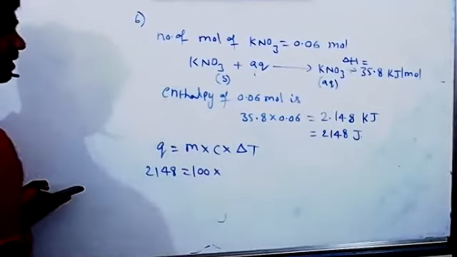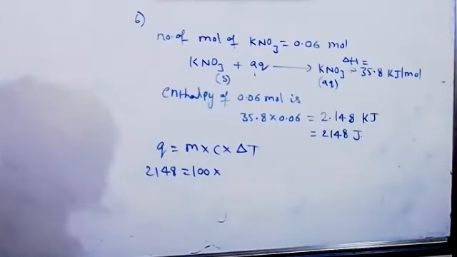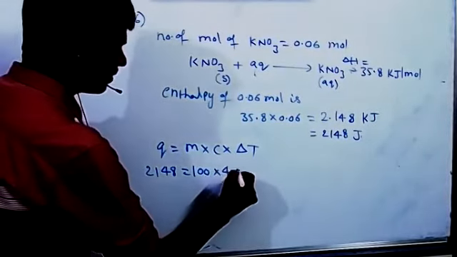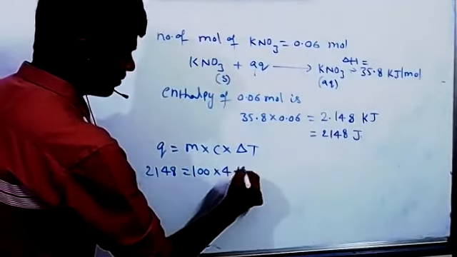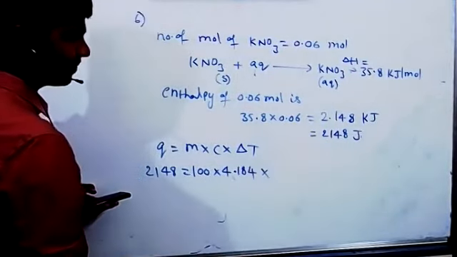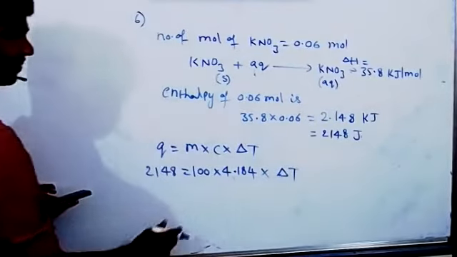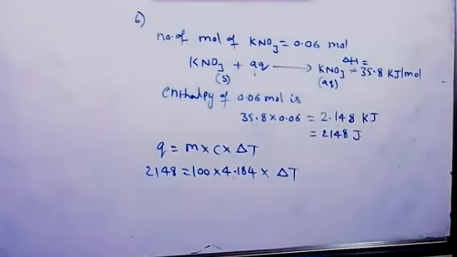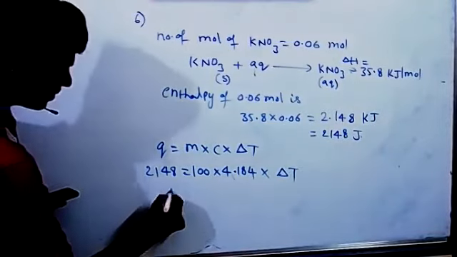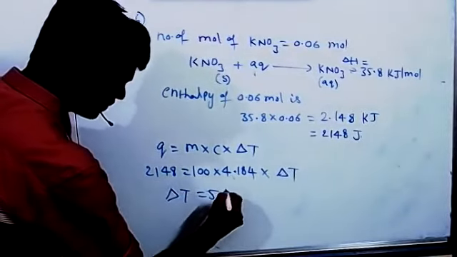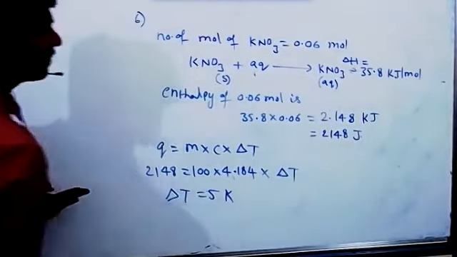Here the heat capacity of water is 4.184, into delta T. We have to calculate the temperature difference. So delta T value comes to 5 Kelvins.